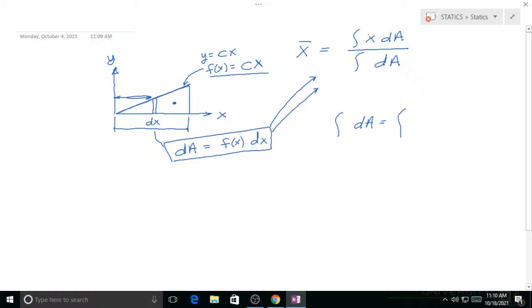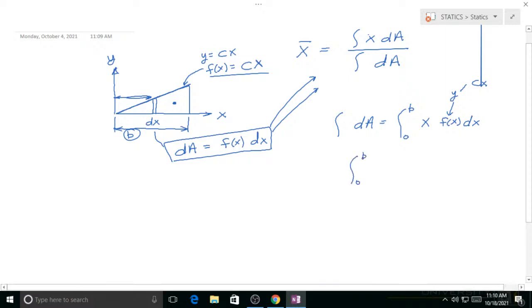So this little triangle might go, let's call it b for base. So we're going to integrate from 0 to b of x, and now I'm going to stick in my d area. My d area is either f of x. Now in the book, he might write this as y, but in fact that y, or the f, is just cx. Now that's weird.